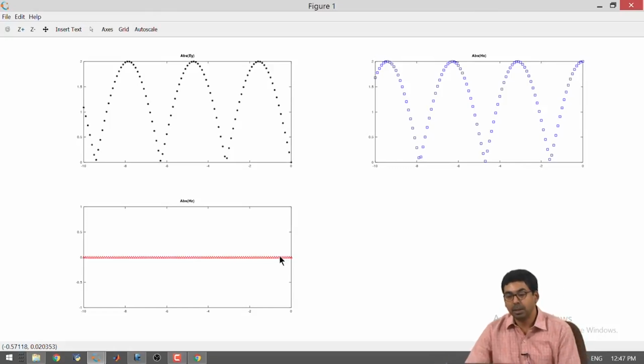The other thing that we notice is Hx is maximum at the interface. Ey is minimum at the interface.